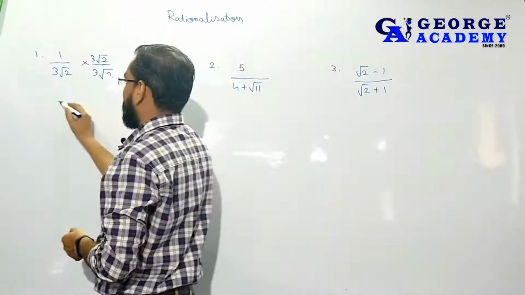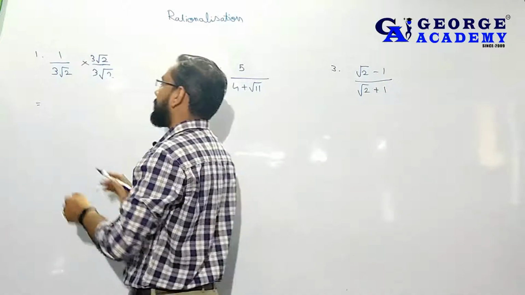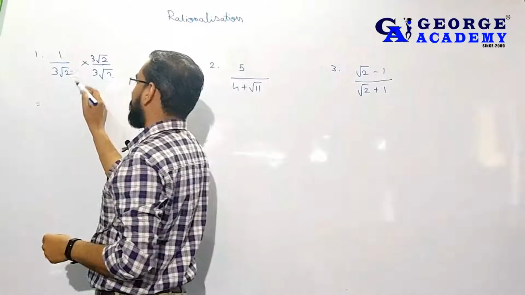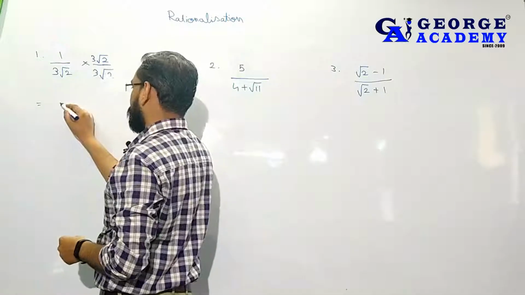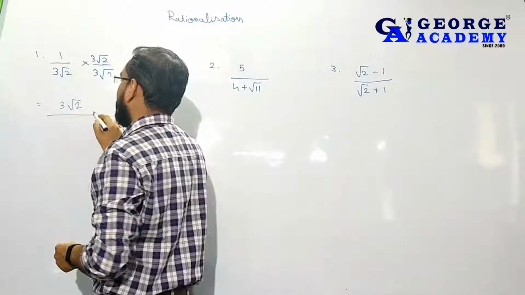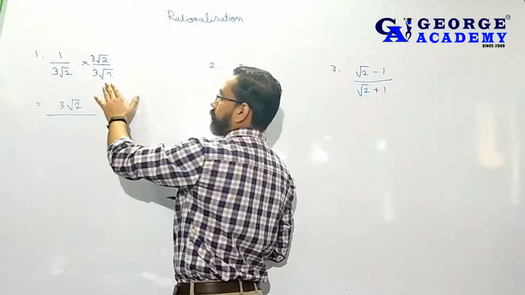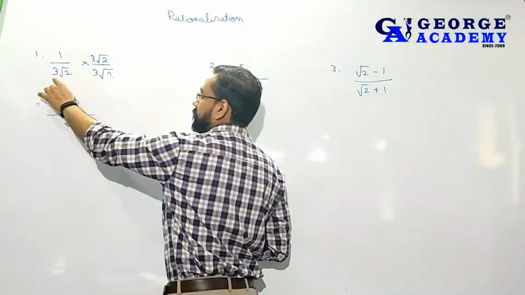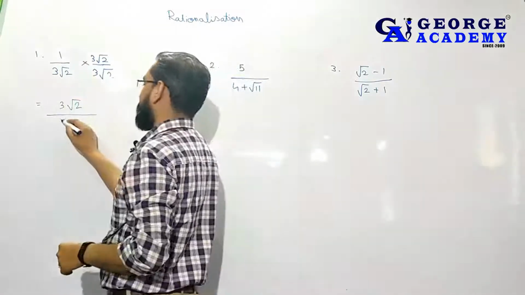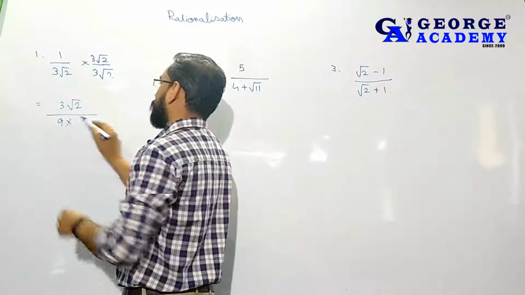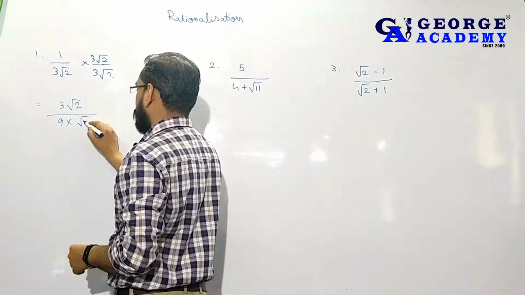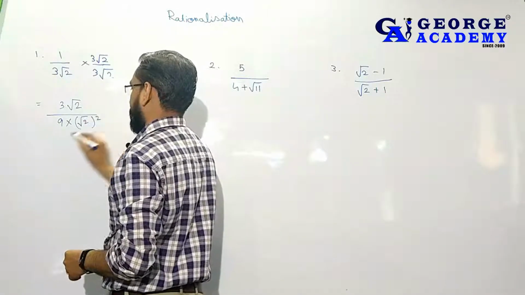And if we are multiplying the numerator and denominator by 3 root 2 and 3 root 2, what will we get? 1 into 3 root 2 gives us 3 root 2, and 3 root 2 into 3 root 2, first we multiply the numbers: 3 into 3 gives us 9, and root 2 into root 2 gives us root 2 square.